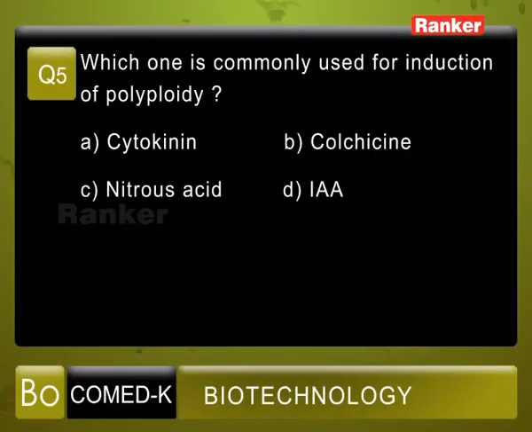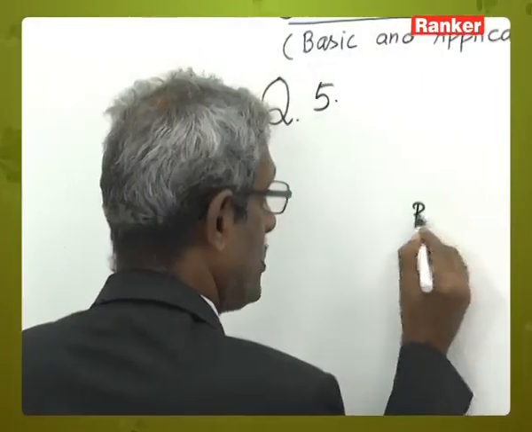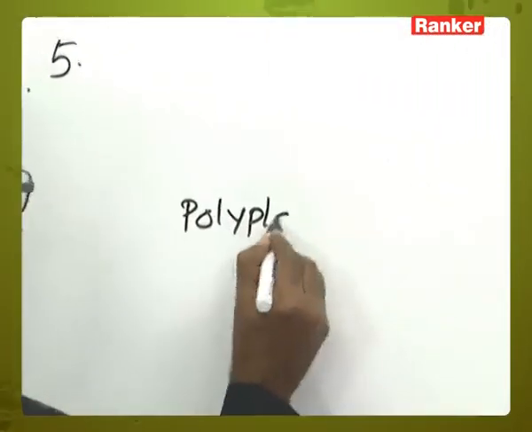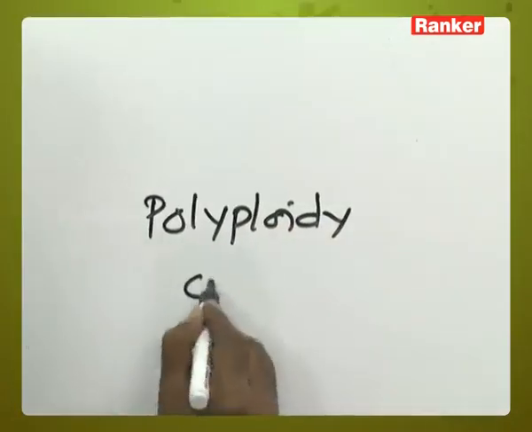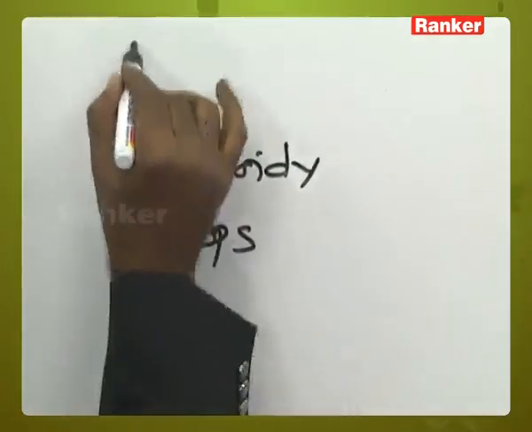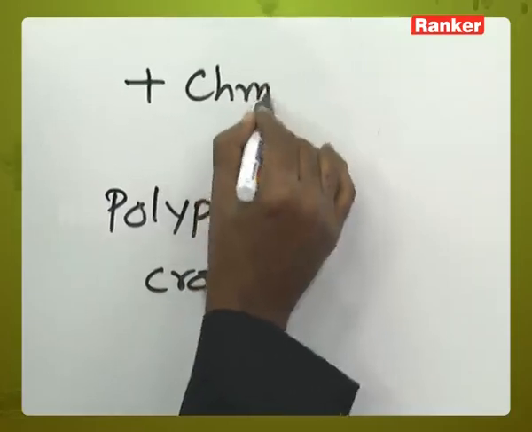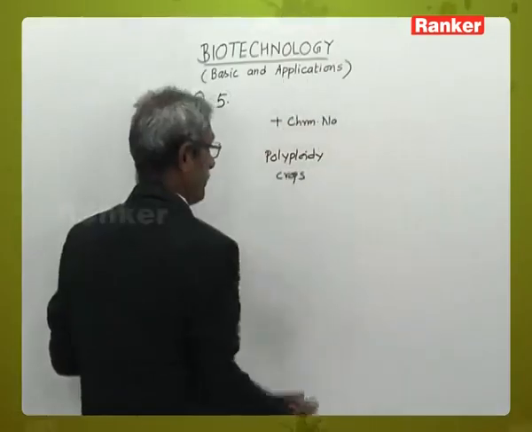Which one is commonly used for induction of polyploidy? Now, polyploidy in crops refers to an increase in chromosome number.